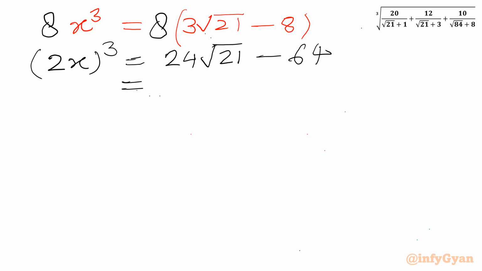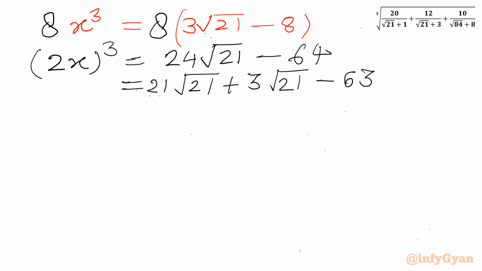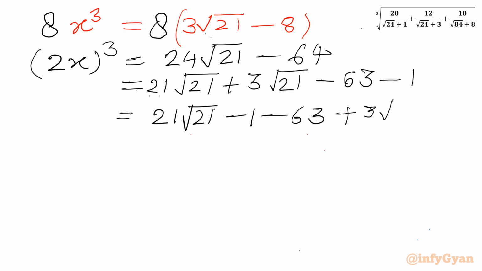Now we can split 24 as 21 plus 3, so 21 root 21 plus 3 root 21. Now we can split minus 64 as minus 63 minus 1. Let us rearrange. So I can write root 21 cubed, minus 1 cubed, minus 63 plus 3 root 21.